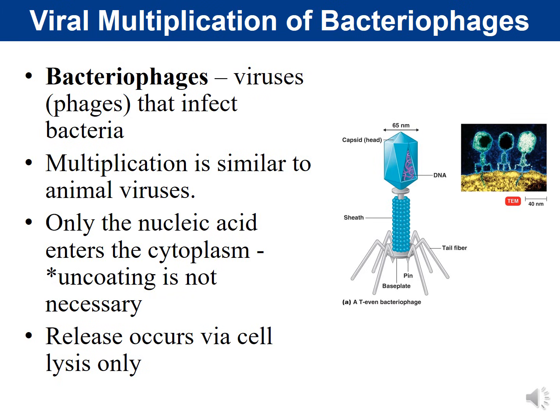That's because the phage lands on the E. coli and it injects its DNA into the host cell directly, meaning that the capsid never enters the cytoplasm. And so in this case, uncoating is not necessary because the capsid does not enter the cell.